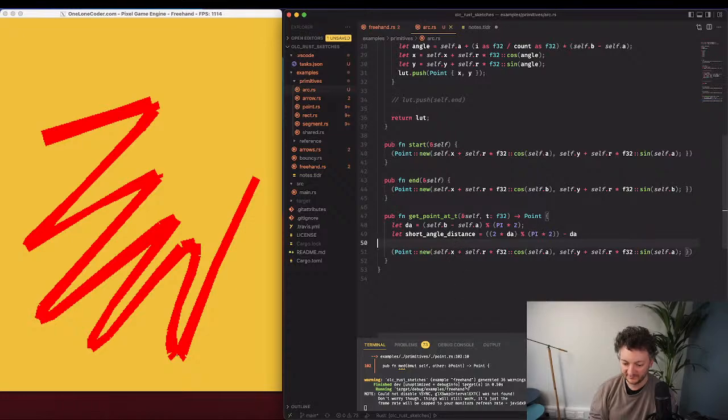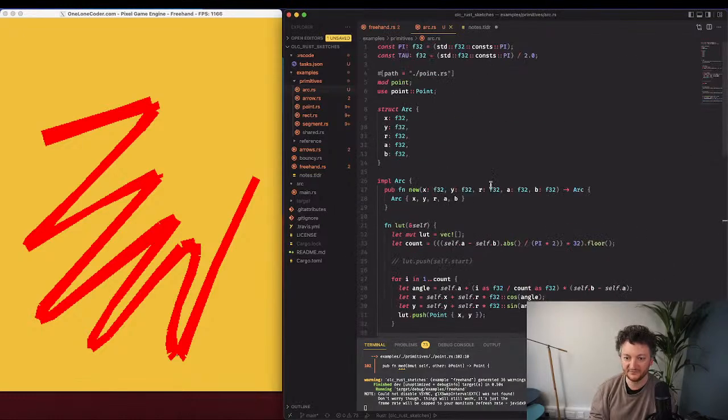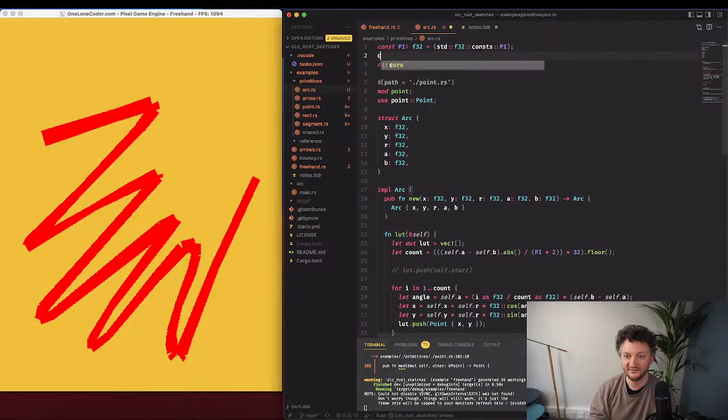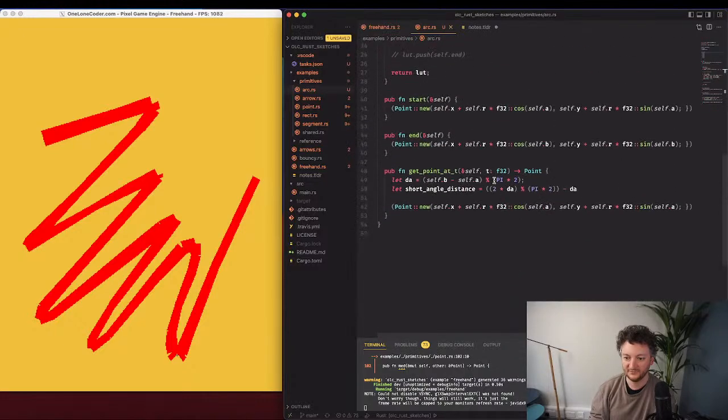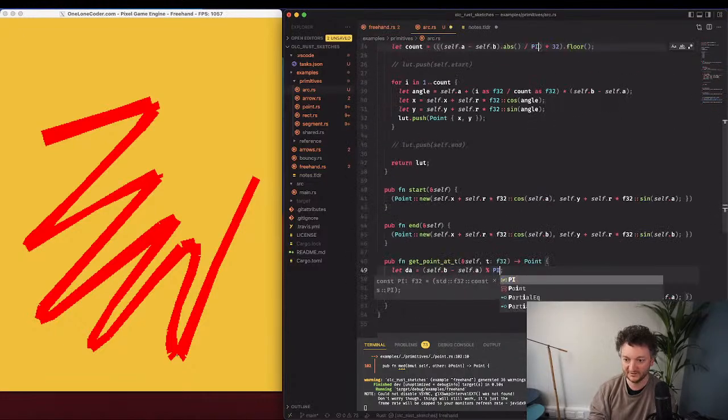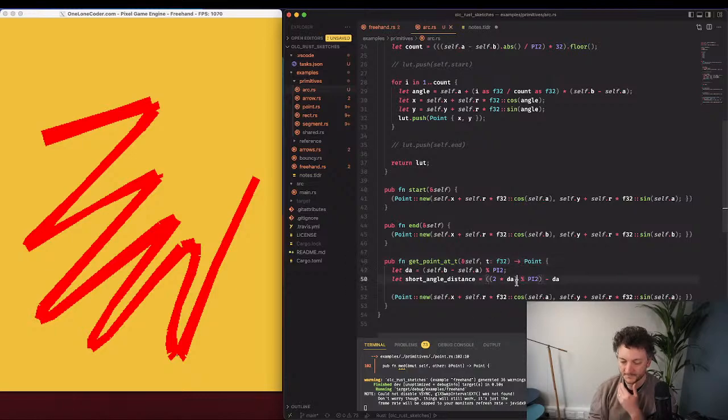And then now I'm going to say pi 2 is a constant, just so I don't have to put all of the parentheses around all the time.